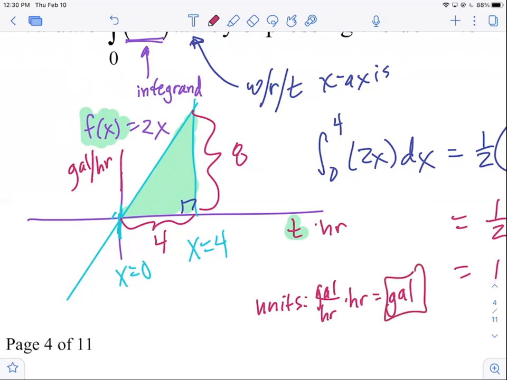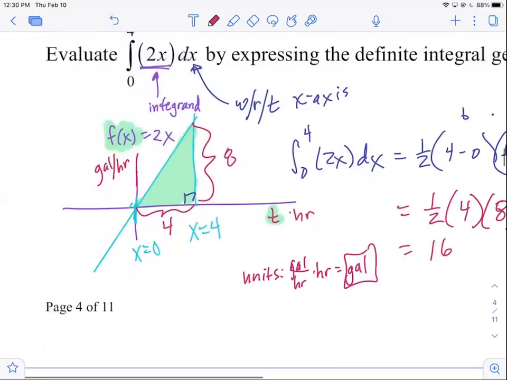So this number could also tell us then from 0 hours to 4 hours, we accumulated 16 gallons, if we were collecting gallons at a rate of 2x gallons per hour. Okay, so that's what that means. You can always figure out the units of the integral by multiplying y values times x values. Gallons per hour times hours is gallons.